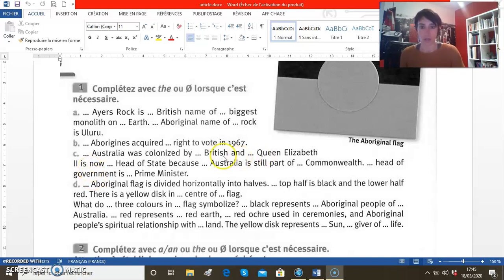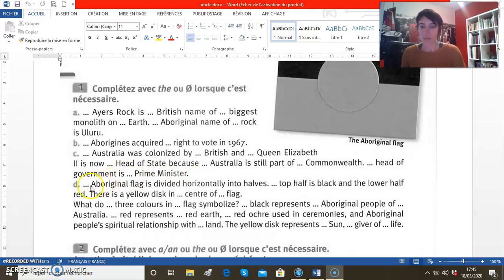Okay, so if I recap, Australia was colonized by the British and Queen Elizabeth II is now the head of state because Australia is still part of the Commonwealth. So here we're using the because implicitly it is understood that it's the Commonwealth of Nations. So here you've got implicitly the prepositional group after. The head of government is the Prime Minister.